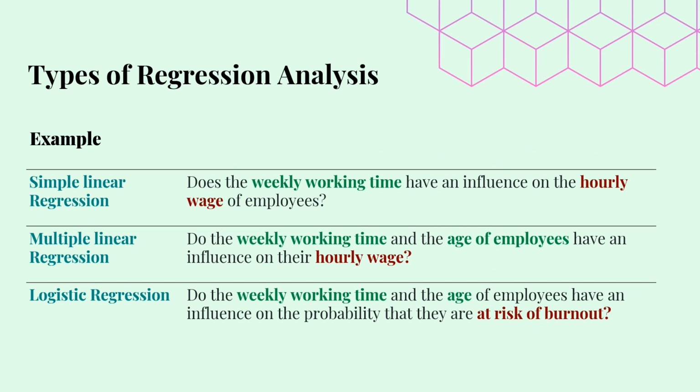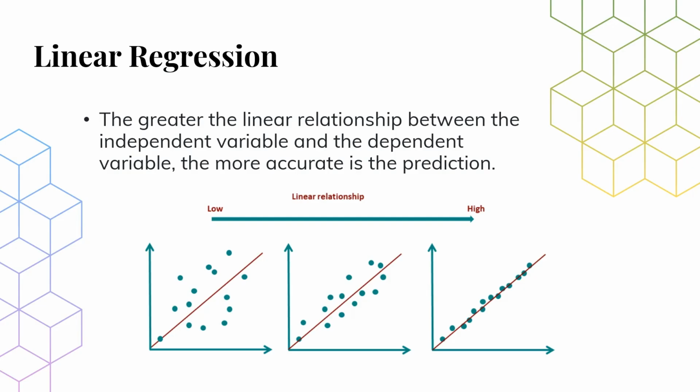So here is an example of each type of regression analysis. As you can see, the variables that are highlighted in green color are the independent variables, and the red ones are the dependent variables. Visually, the relationship between the variables can be shown in a scatter plot.